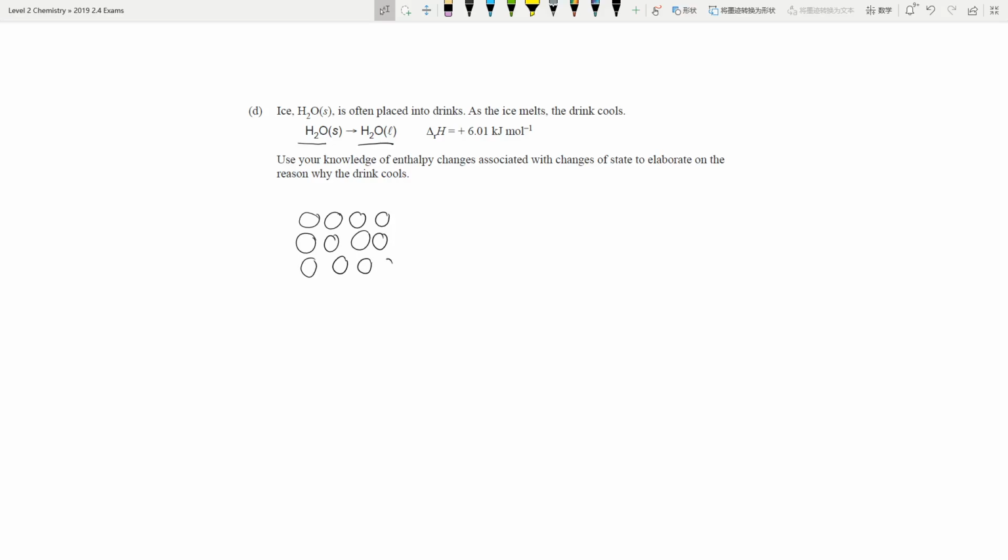Your particles are really compact in solids, and then when you melt it away, you absorb energy, because if you don't absorb energy, they're not going to break, and they're not going to separate. Why do you need to absorb energy? Because you have to break the bonding, in this case intermolecular forces.